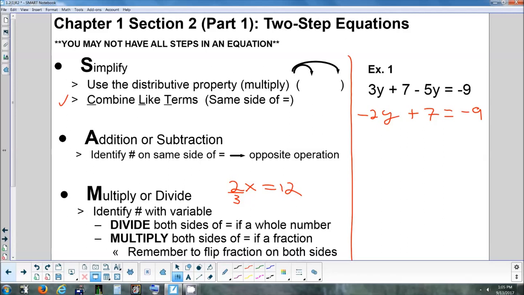And Ginny, on the notes we took, it says identify the number on the same side of the equal sign. The number only, not the number with the variable, just the number. All right, we have a plus 7. Good. So how would you get rid of that and put it on the other side?